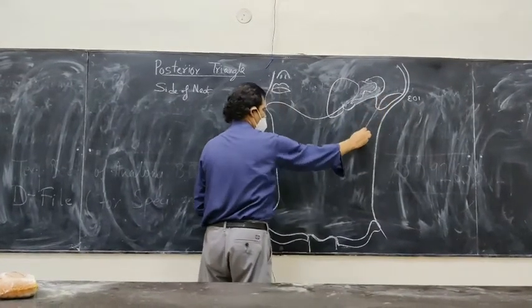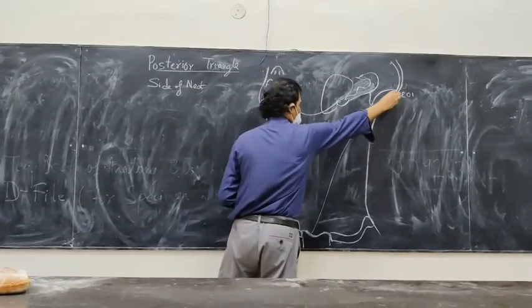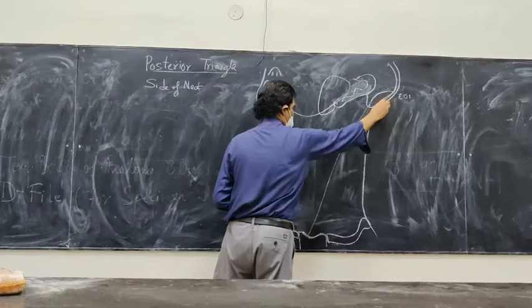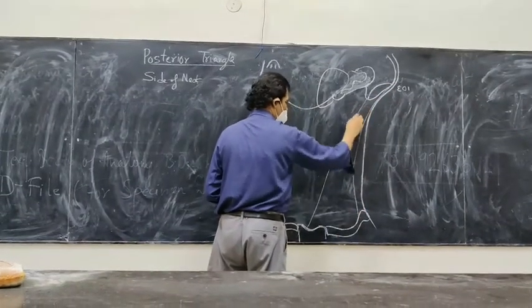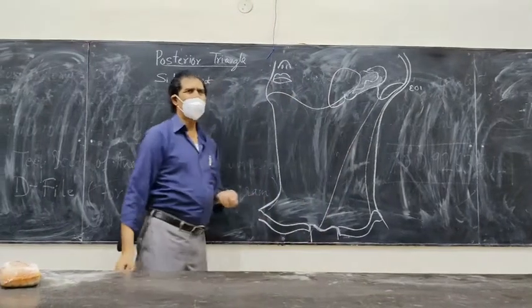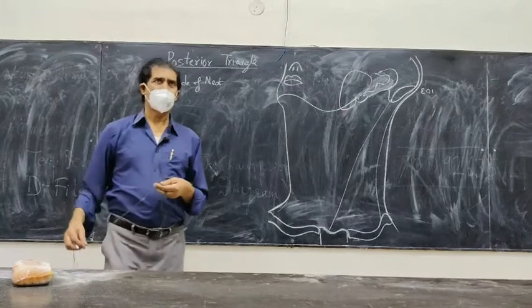If a line is drawn up to the sternal notch, and another line from the external occipital protuberance to the clavicle, this triangular area is called the posterior triangle, or what is called the side of the neck.